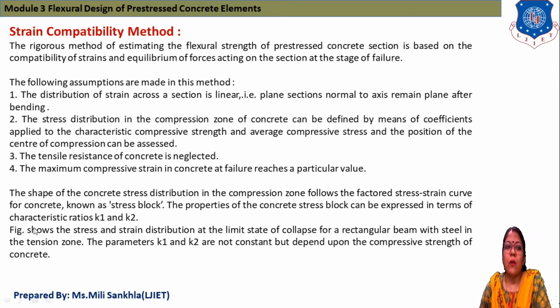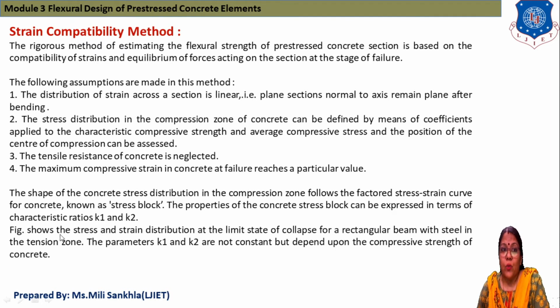Now first of all, the shape of this concrete stress distribution in the compression zone follows the stress strain curve for concrete, that is known as the stress block. Properties of the concrete stress block can be expressed in terms of the characteristic ratios, that is K1 and K2, given in the figure.